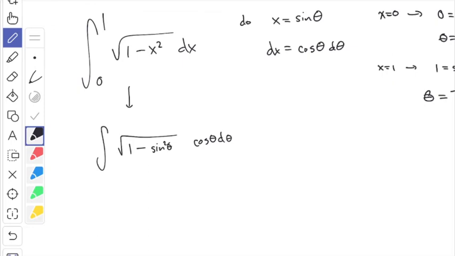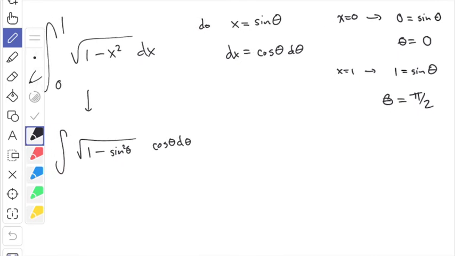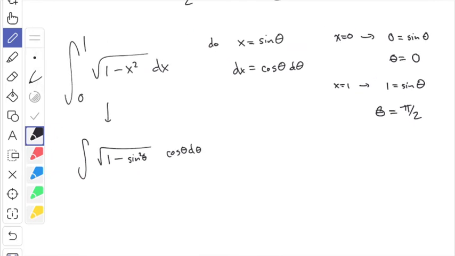Okay, so where I was, I'm still thinking about that sweet potato pie. The x values were 0 and 1. These translate into theta values of 0 and pi over 2. Now, ordinarily the purpose of a substitution is to make the integral simpler.